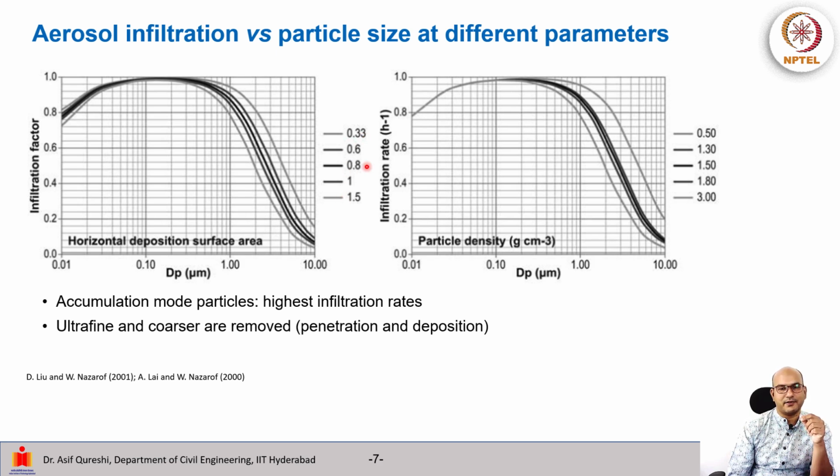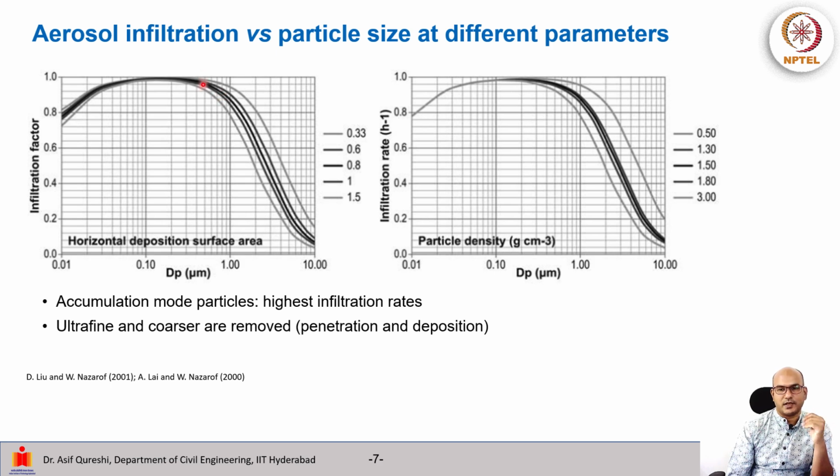Regardless of the magnitude of difference in horizontal surface areas, we see the maximum infiltration occurring in this wide range, perhaps around 0.05, 0.06 microns to around maybe 0.5 micron.